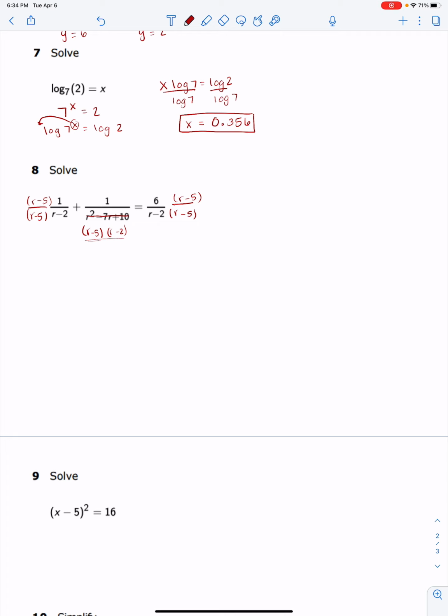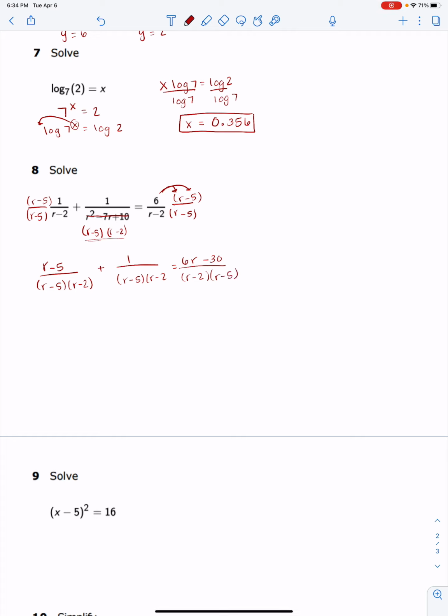So 1 times r minus 5 is r minus 5 over r minus 5, r minus 2, plus 1 over r minus 5, r minus 2 equals 6 times r is 6r, 6 times negative 5 is minus 30, over r minus 2, r minus 5, whichever order you write that in.